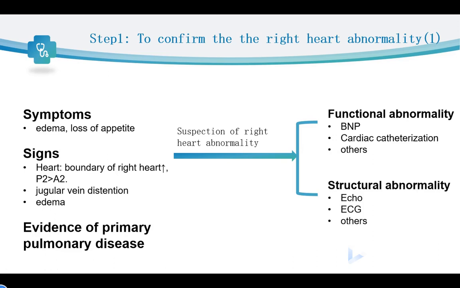For the structural abnormality, we need to arrange echocardiography or electrocardiography for this patient to confirm the structural abnormality. If we can find any positive results during these examinations, we can conclude a right heart disease for this patient.